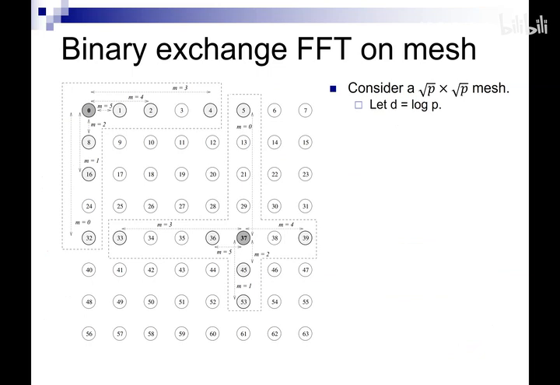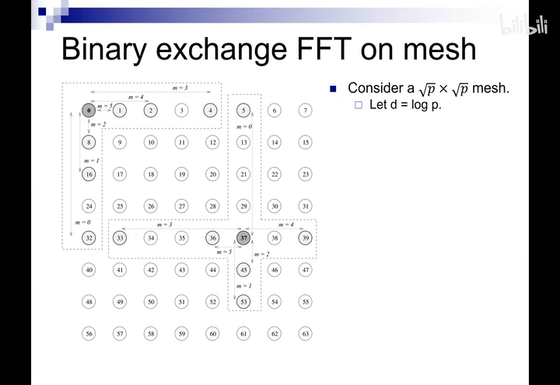We're trying to do, let's say, a 64-point FFT, and we distribute the values row-wise. In the very first stage, the 0 value needs to talk with a value that's 32 away. In the second stage, it needs to talk with a value that's 16 away, and then 8, and then 4, and then 2, and then 1. Now let's see where these values are located on the mesh.